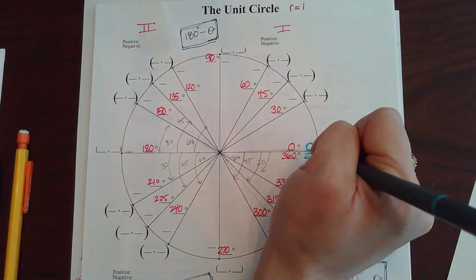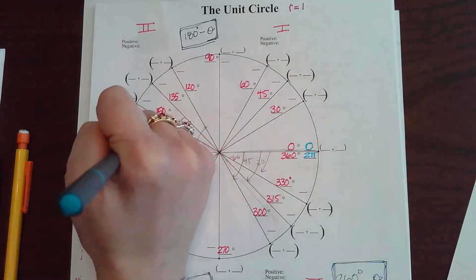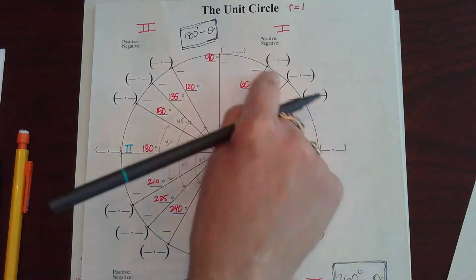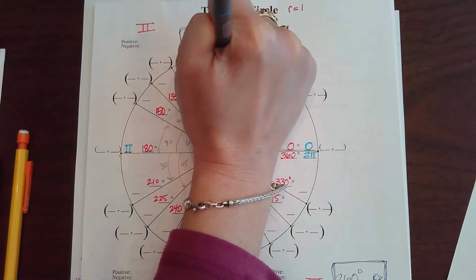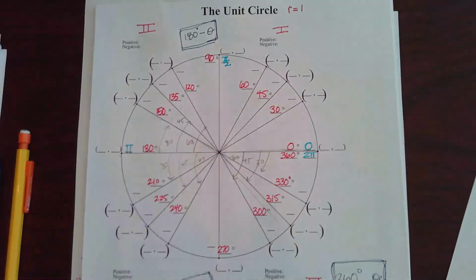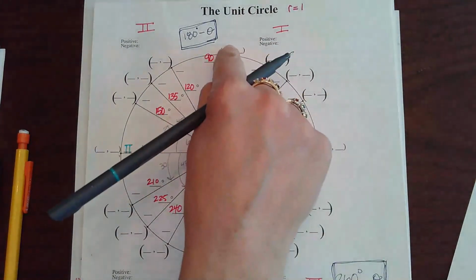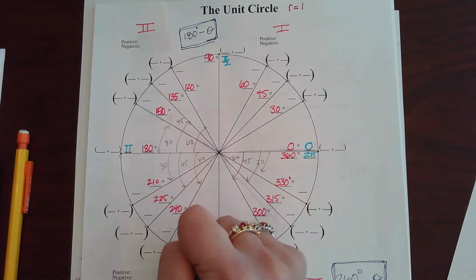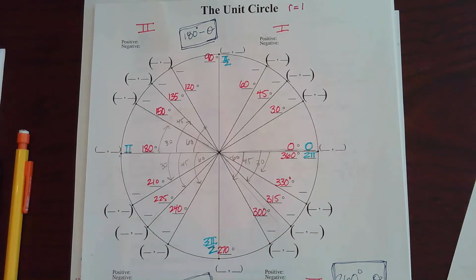So what we talked about before is that all the way around is 2 pi, halfway around is pi. And then half of pi would be pi over 2. And so if this is 0, 1/2 pi, 1 pi, this would be 1.5 pi. How you're going to see that written is 3 pi over 2.